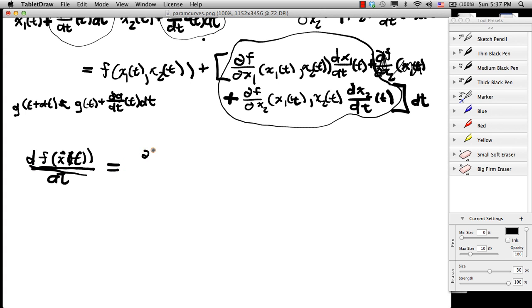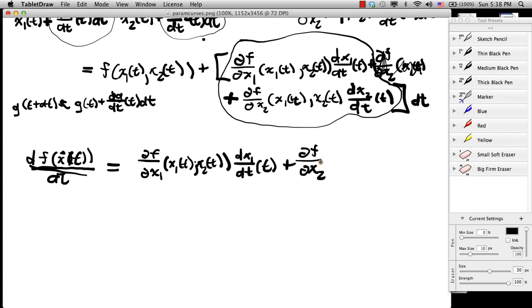It says I take the derivative of f with respect to the first term, x1 of t, x2 of t, times the normal derivative of x1 with respect to t, plus df dx2 of x1 of t, x2 of t, times dx2 dt of t.